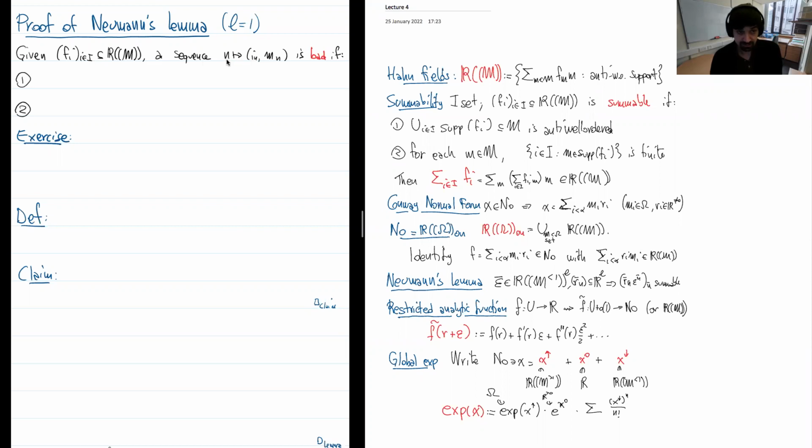This is a sequence indexed by natural numbers, and the sequence lives in the Cartesian product of the set of indices and the set of monomials. So you're sending n to one index in the set I, and to a monomial in M.